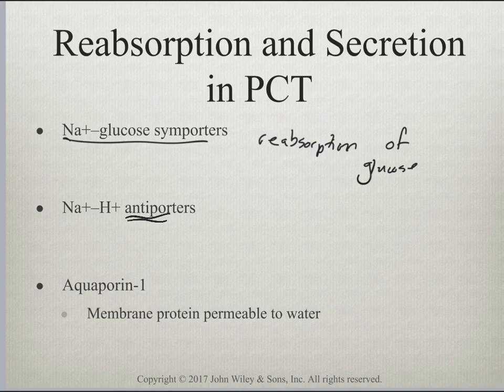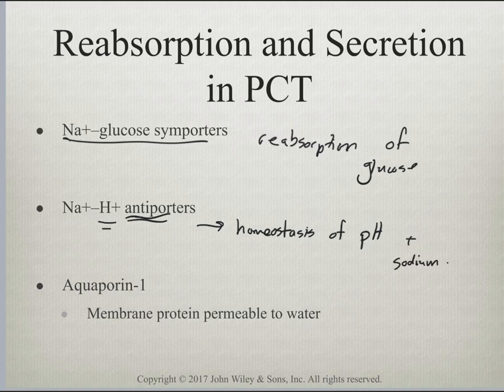But in the proximal convoluted tubule, its main job, its primary responsibility, is going to be to maintain homeostasis of pH, that's where these hydrogen ions come from, as well as sodium concentrations.